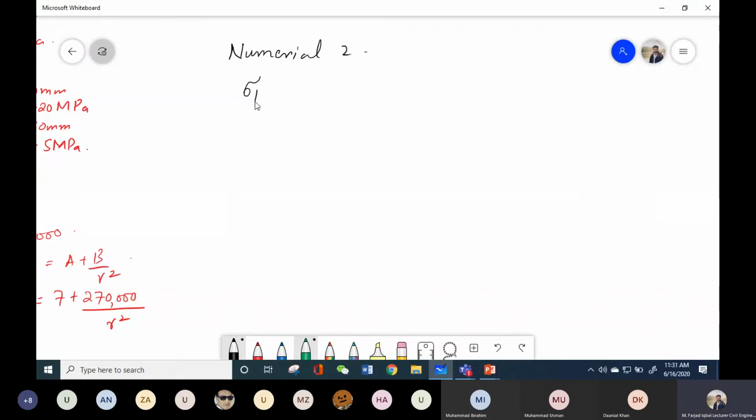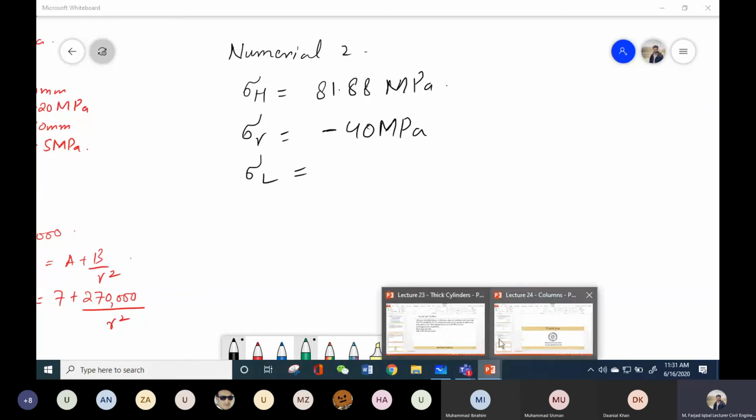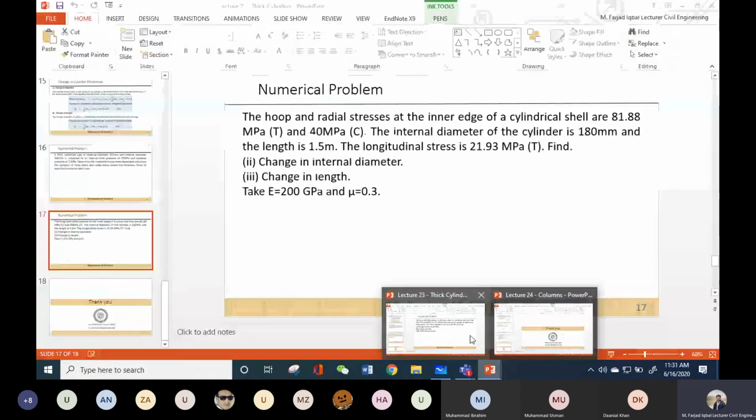So the hoop stress was 81.88 megapascal. The radial stress is 40 megapascal, or I would put in the negative sign with this one. And the longitudinal stress was 21.93 megapascal.